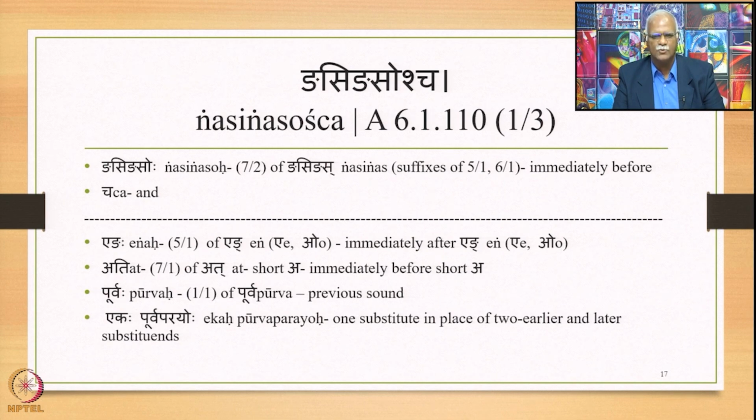Sau, Jas, Am, Aut, Shas, Tabhyambhis, Ngebhyambhyas, Ngasi 5/1, Bhyambhyas, Ngas 6/1, Os, Am, Ngeosup. So 5/1 and 6/1 are Ngasingas. Ngasingasoho means immediately before Ngasingas. Cha means and.